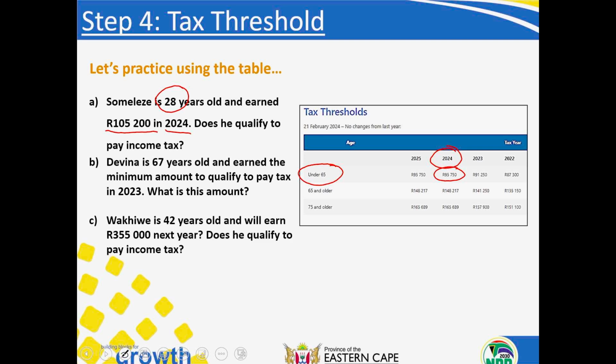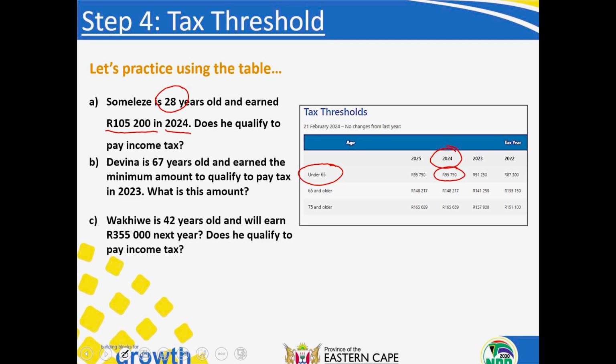If we compare this value with Somelezi's income, we can see that Somelezi earns more than the tax threshold. Therefore, he must pay income tax. So once again, Somelezi earns more than the tax threshold, and therefore he must pay income tax over to SARS.